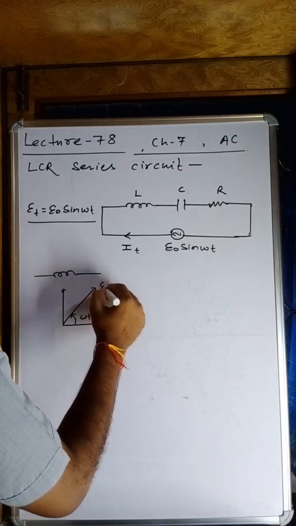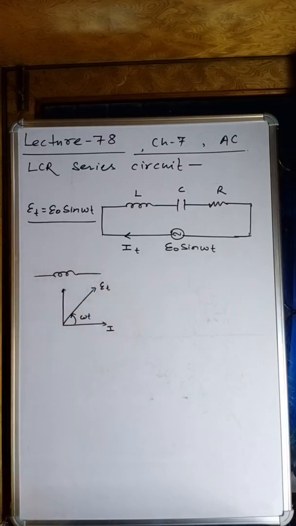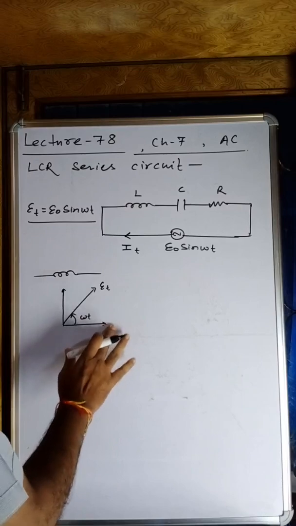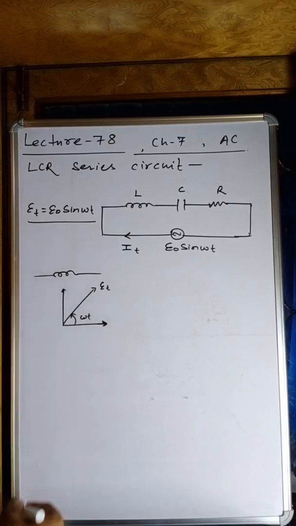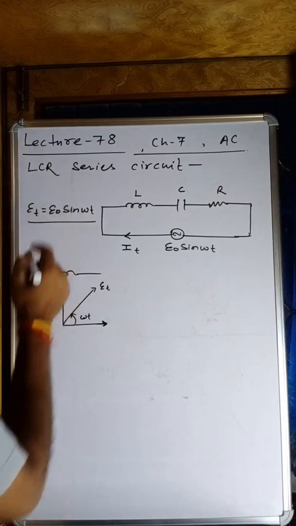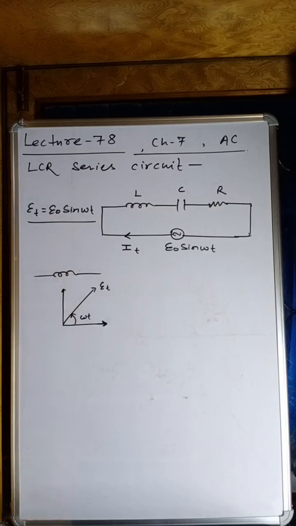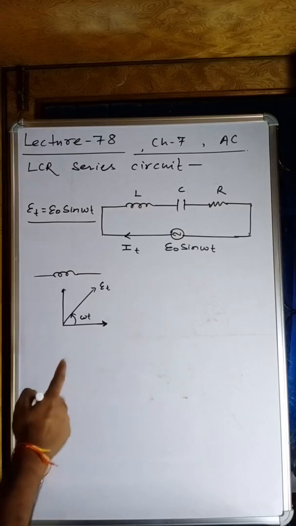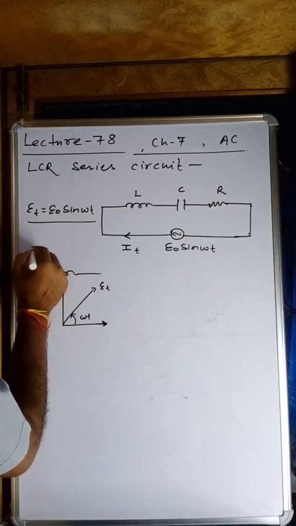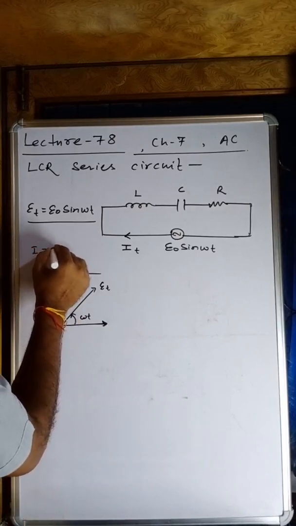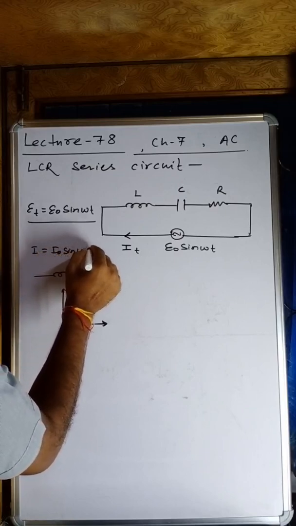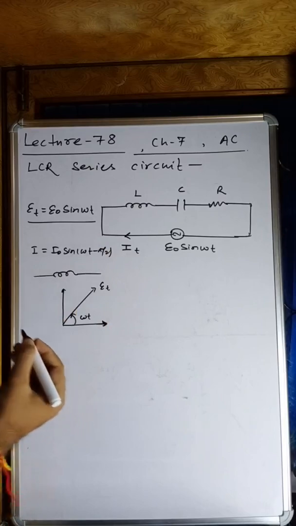Here E t is rotating by omega t, sorry, the voltage. But we know that for an inductor, if E is E0 sine omega t, the current we obtain, I hope you remember which one leads and which one lags. In an inductor, voltage leads and current lags. It means the equation of current for the inductor will be I0 sine omega t minus pi by 2.